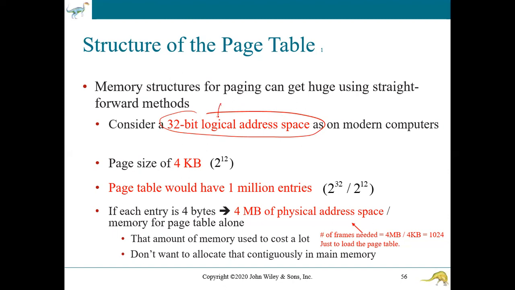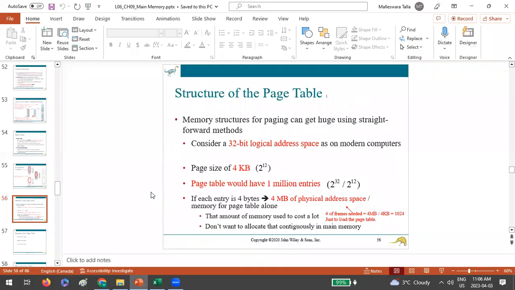32-bit logical addresses, not physical addresses. 32-bit logical address. So 4 bytes each, so 1 million entries for the page table. Oh, now I understand. I should have looked at it before.